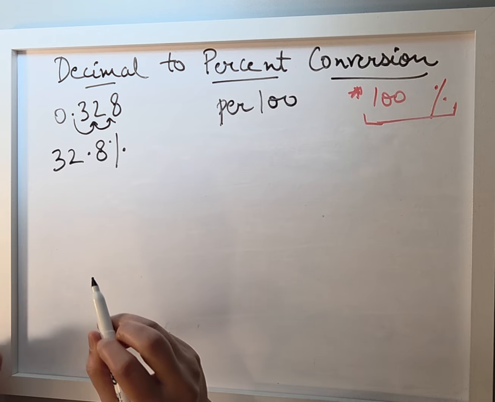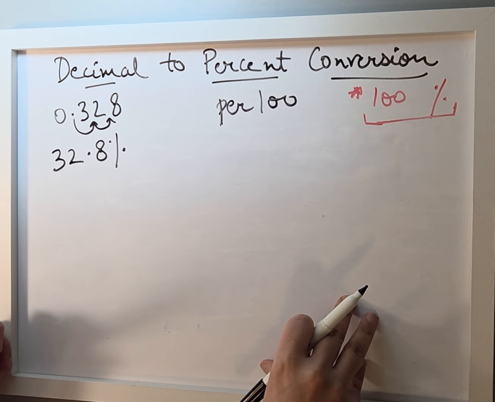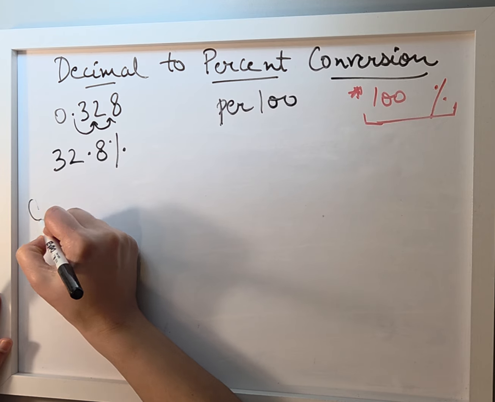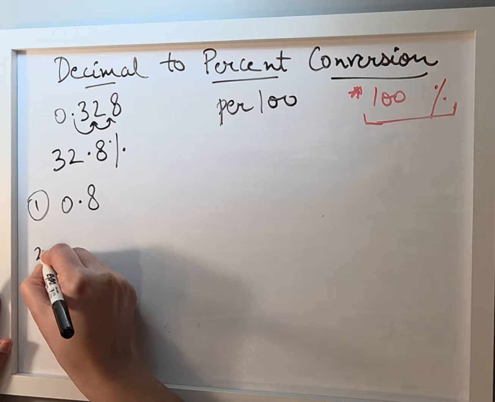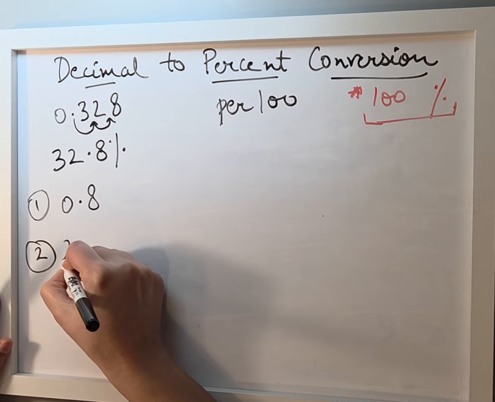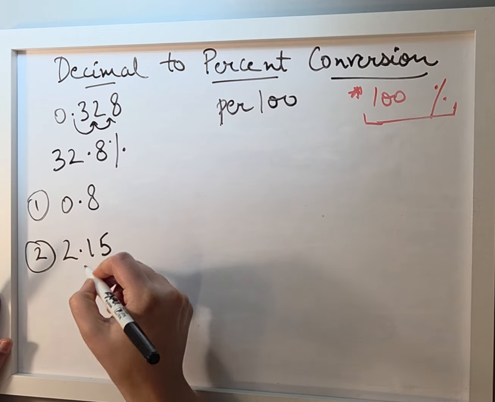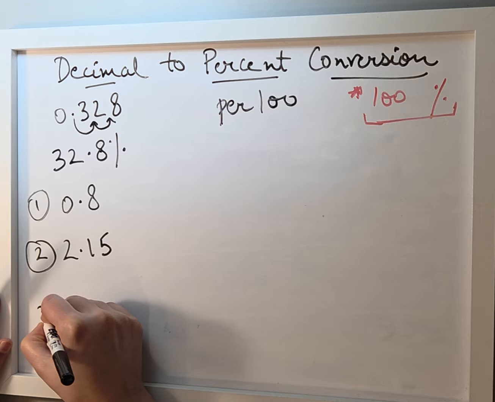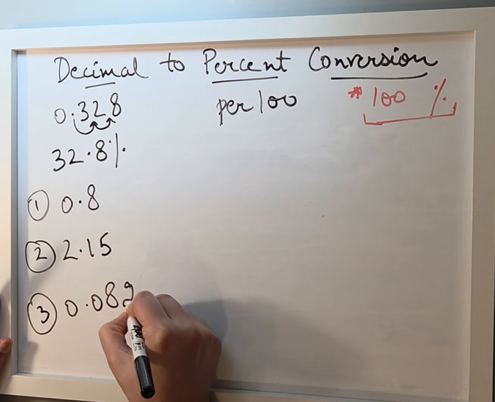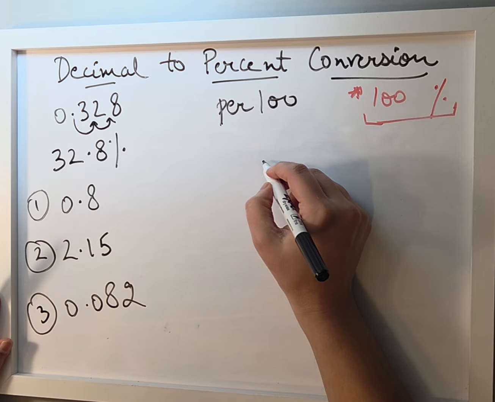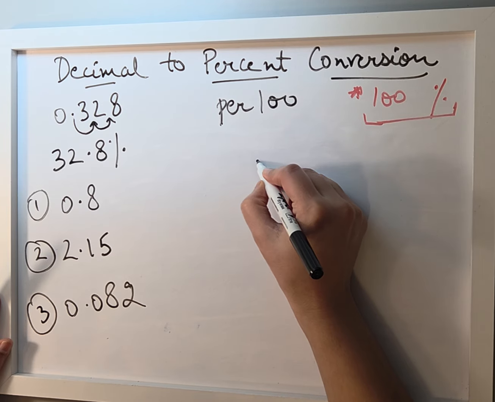Okay, so now let's try to implement this in some more examples. Okay, so let's say I have 0.8, I have 2.15, then I have 0.082. Okay, and let's take some examples here as well.